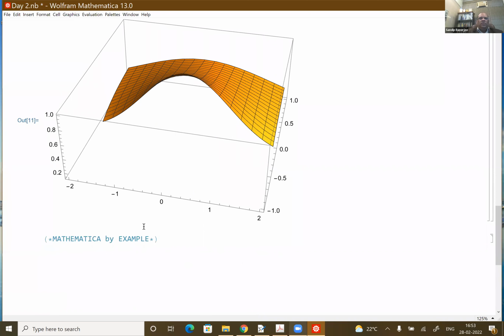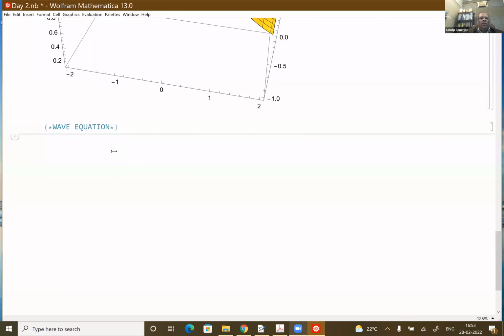Okay, so wave equation. Okay, wave equation. Let's see.